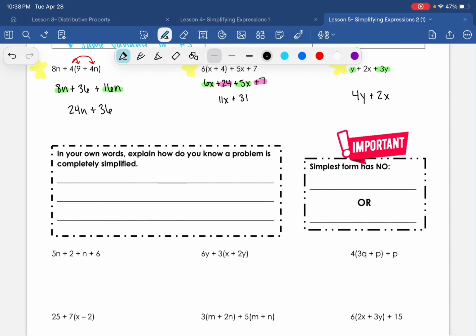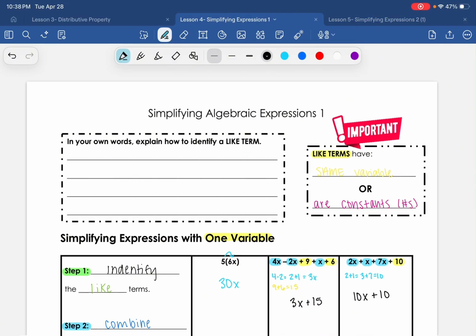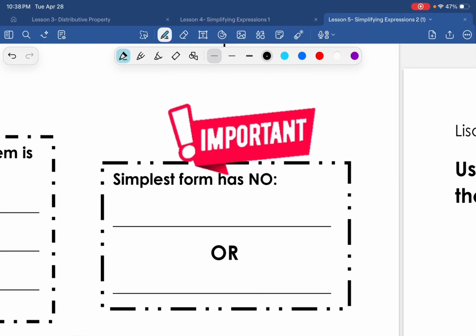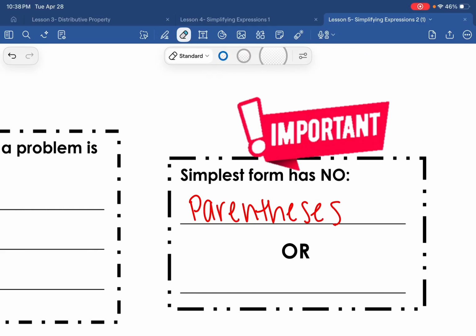Okay. Now, this part is also going to look very similar from your simplifying expressions part 1. Because if we flip to the back, look, we did this on this one too. So, for your important reminder, simplest form has no parentheses. It cannot have any parentheses or like terms.